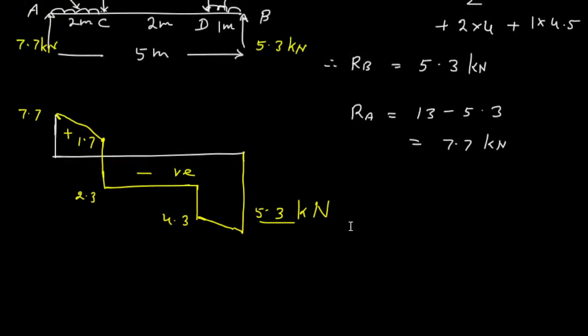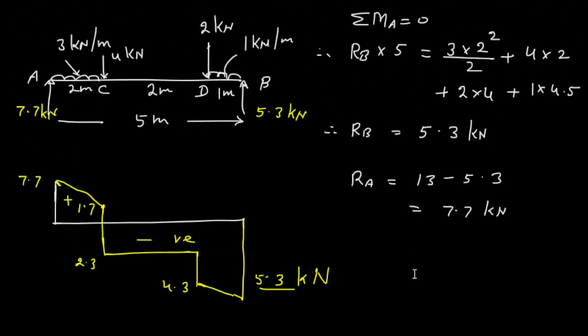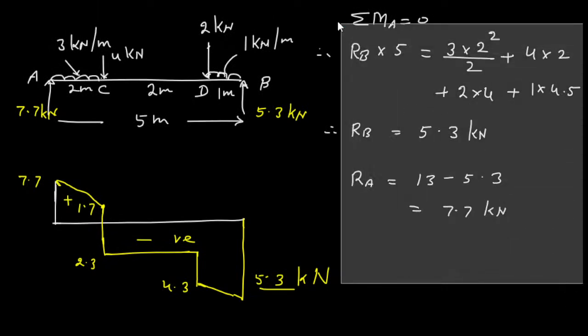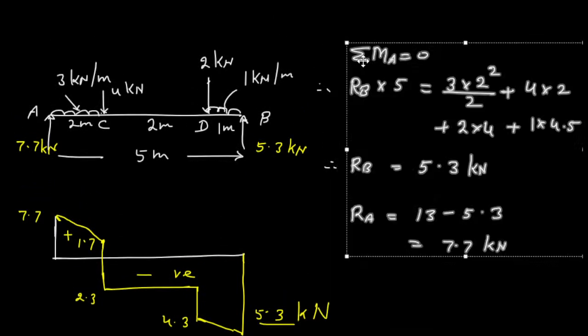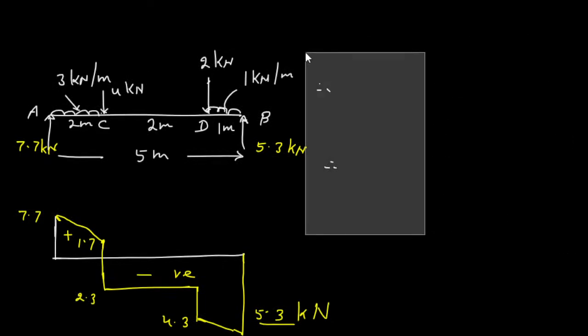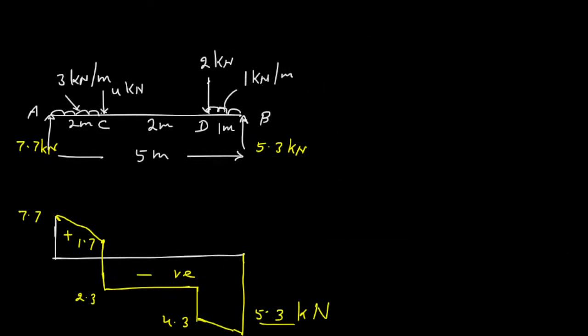Now we have to calculate the bending moment. So bending moment we have to calculate at point A and point B. Obviously the bending moment is 0. Okay, but here I will write one by one. Bending moment calculation. So moment at point A and moment at point B is going to be 0. Moment at point C, if we calculate, let us look at the left side.